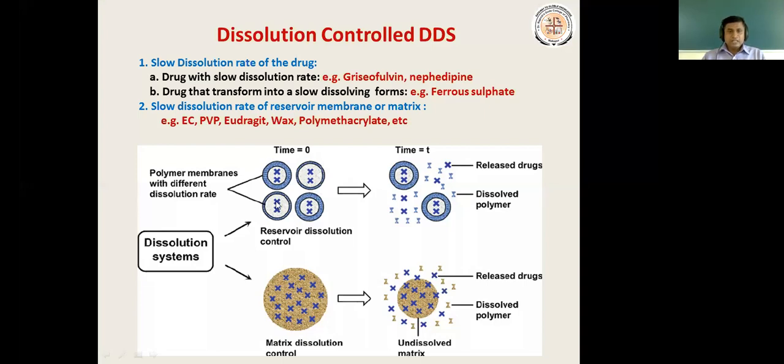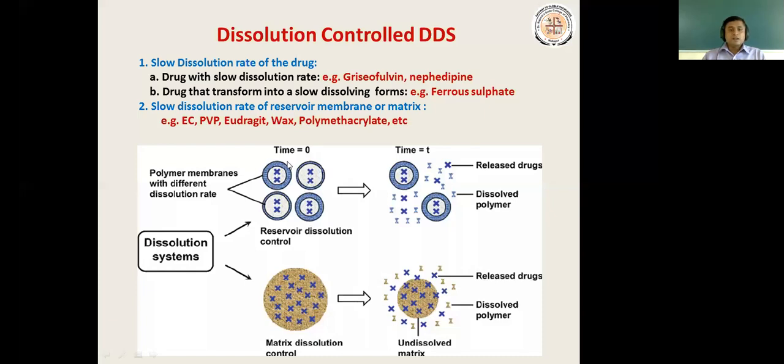Here the core material consists of a drug, and this core may be covered or encapsulated with a polymeric layer. That is called a reservoir type or membrane type of system.